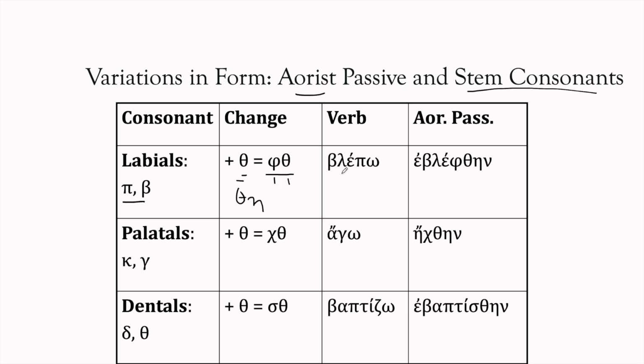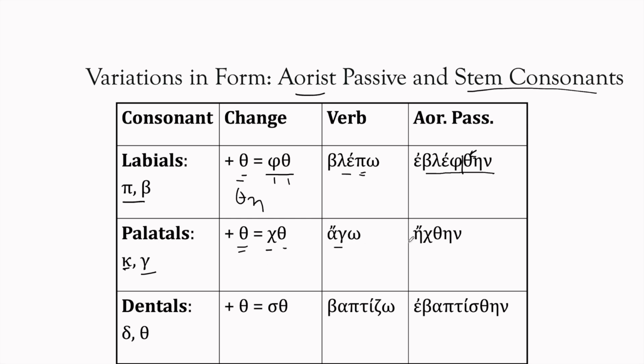So blepo becomes eblephthēn. So the pi changes with reference to this theta. The palatals, kappa and gamma, when they encounter theta, become chi theta.